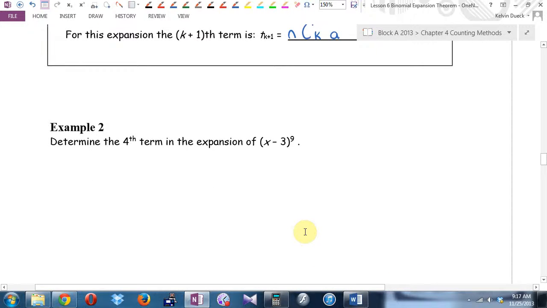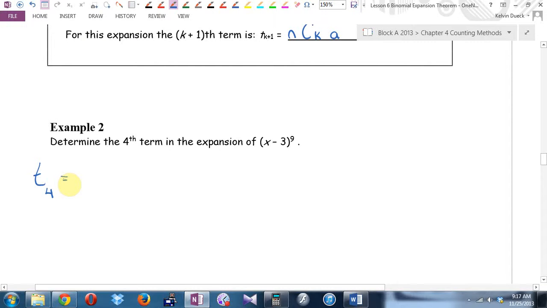Next example, which for some reason is called example 2 because I started adding a whole bunch of other ones, says find the fourth term in that expansion. Term what? All of you right now, write down term 4 equals, because that's what you want to find.